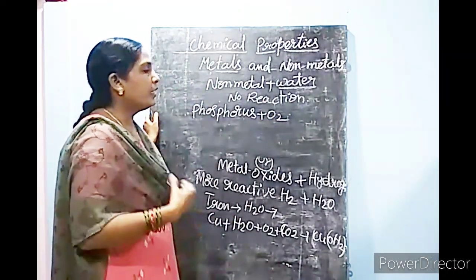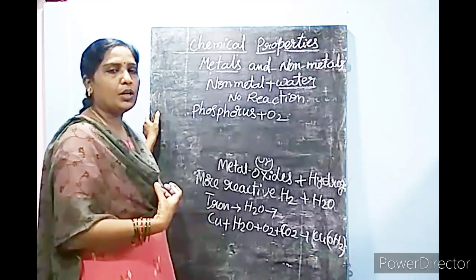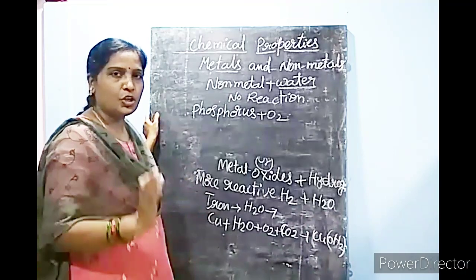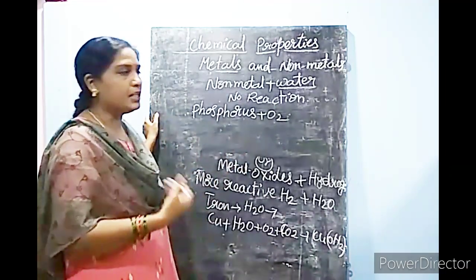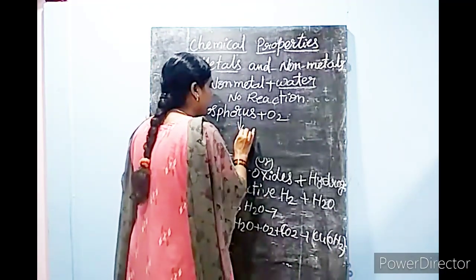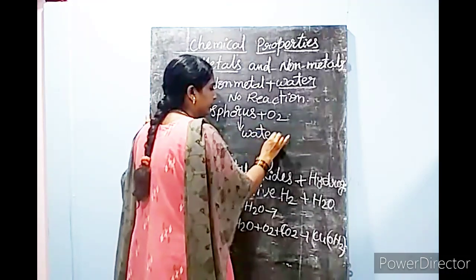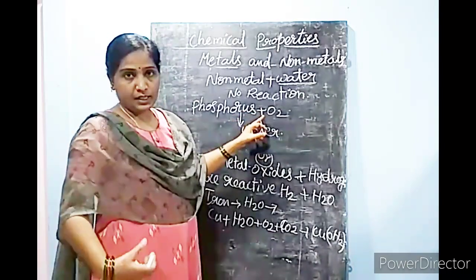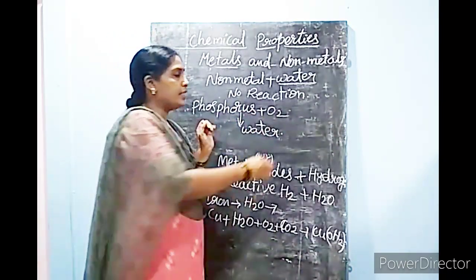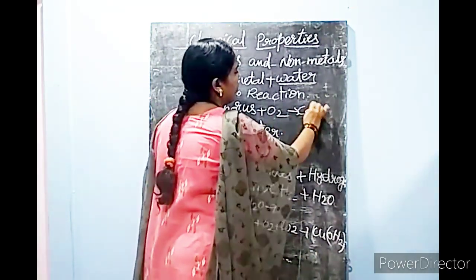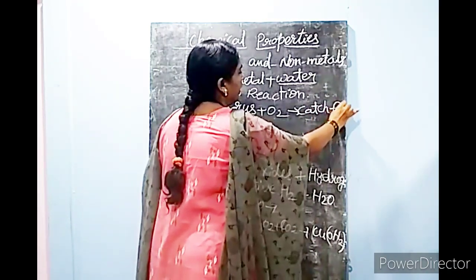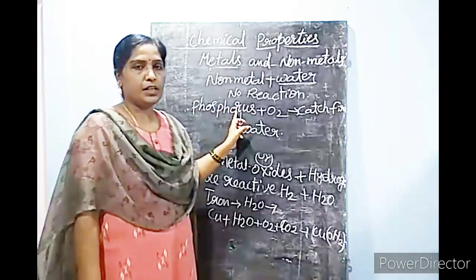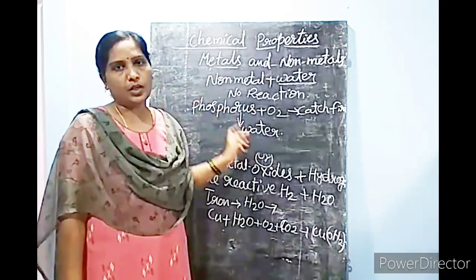That's why they store this phosphorus in water, to stop the contact with oxygen. When phosphorus comes in contact with atmospheric oxygen, it may catch fire also. So to stop the contact with atmospheric oxygen, phosphorus is stored in water.